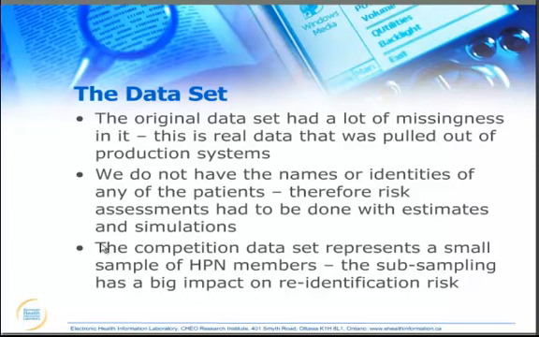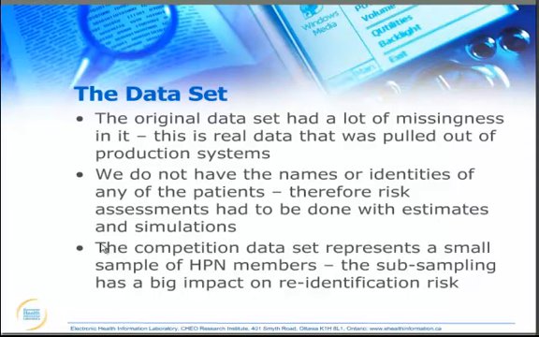We did not have names or addresses or anything about the patients beyond the fields that were included in the competition data set. Of course, we had more details, but it was essentially the same set of fields. Therefore, a lot of the risk assessments had to be done using estimates and simulations, which I will talk about as we proceed through this presentation.